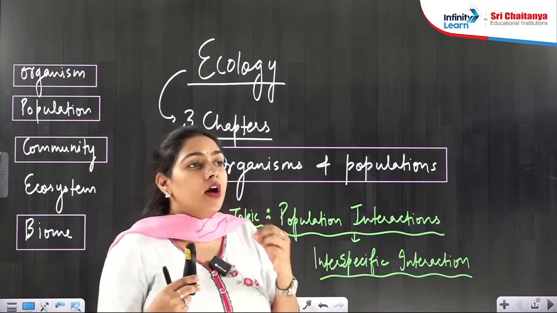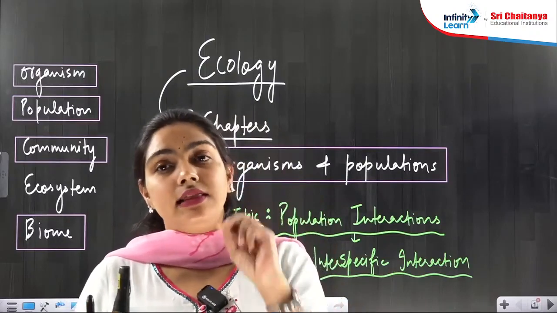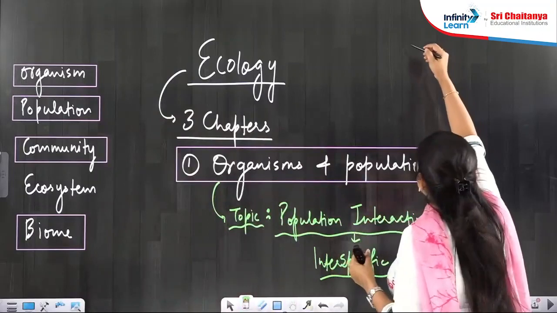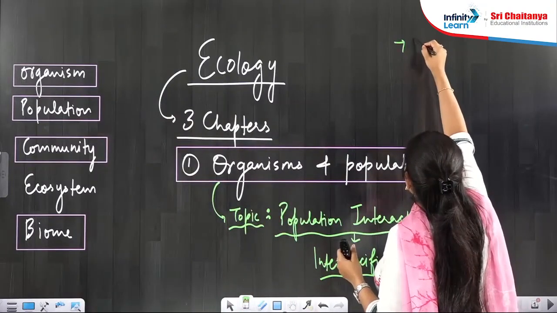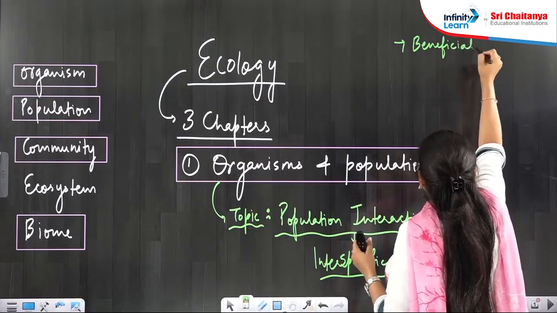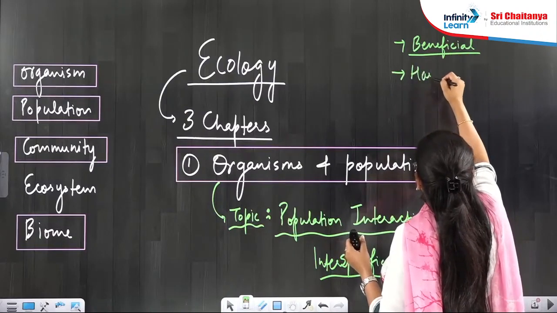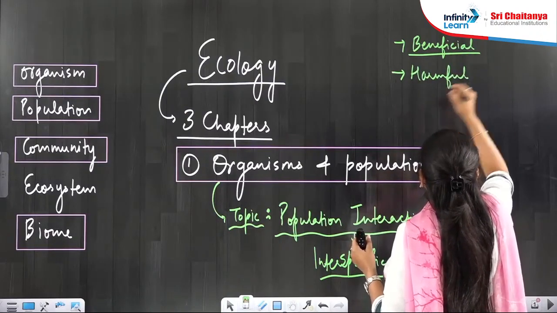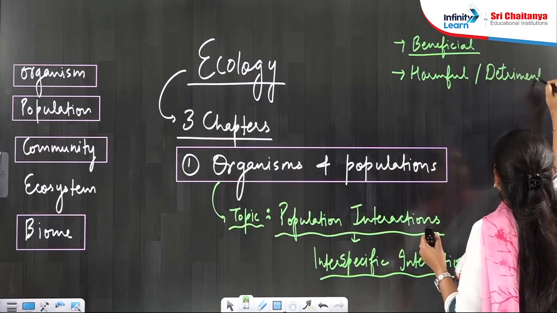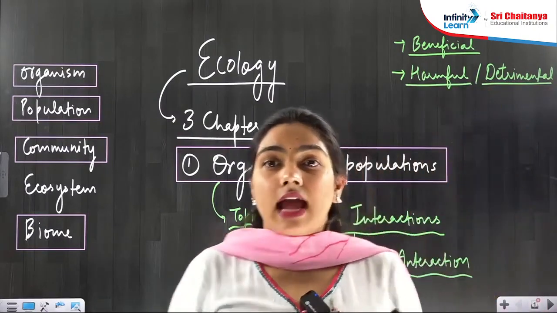An interaction will not always be beneficial. In an interaction there can be three kinds of outcomes. In a population interaction, one species can be beneficial, getting the benefit. It can be harmful also, or you can say detrimental. Let us suppose a cat is eating a rat.